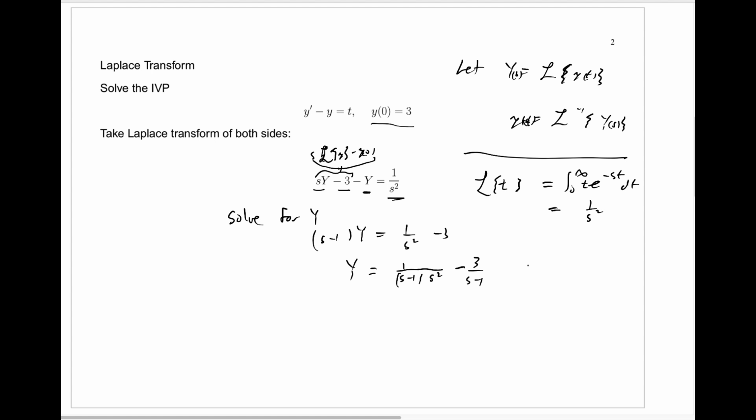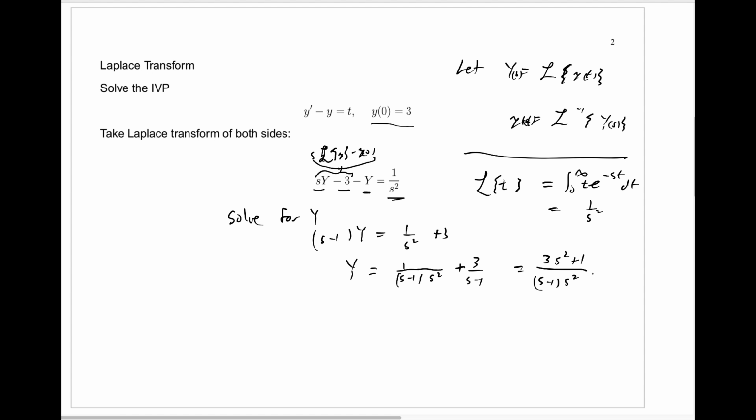And we can put that all together by thinking this is 3s squared over the quantity s minus 1 times s squared. And we'll write this as, I'm sorry, that should have been a plus 3. Let's change that because that minus 3 going on the right side becomes plus 3. That'll become 3s squared plus 1 over s minus 1 times s squared. So capital Y is this beautiful rational function of s.